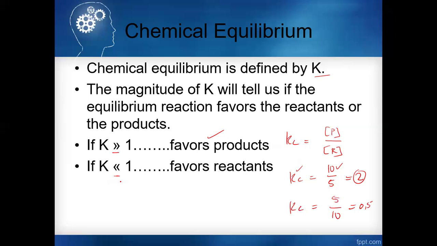When the Kc is greater than 1, that means we have more products. Therefore, we favor the product side, or you can say we favor the forward reaction. But when the Kc value is less than 1, that means we have more reactants. Therefore, we will favor the reactant side, or you can say we will favor the reverse reaction.